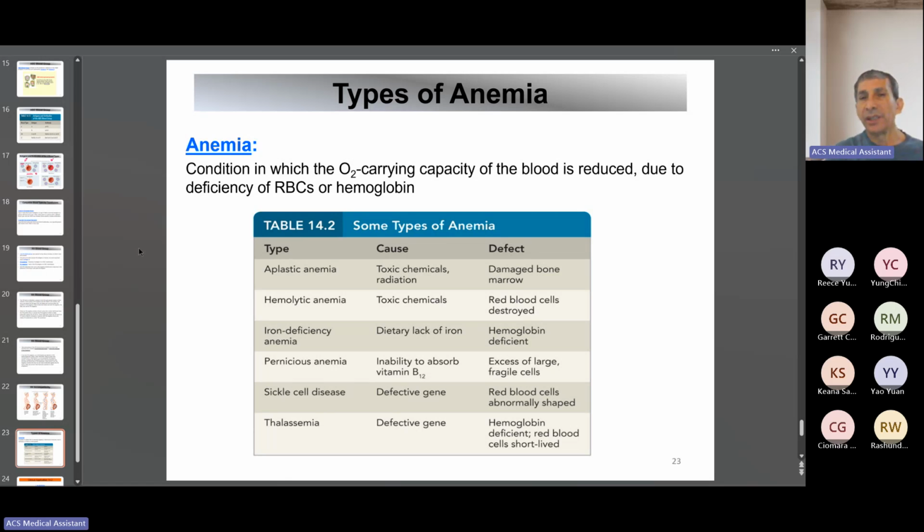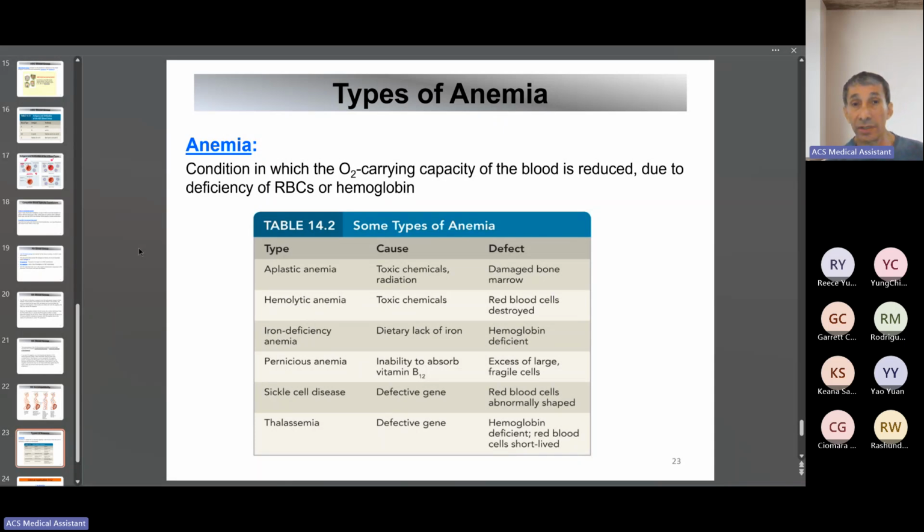So remember, anemia is when you have problems with oxygen capacity, meaning your red blood cells, which contain hemoglobin, we discussed this yesterday, you don't have enough red blood cells, or the red blood cells are enough, but they are immature, so they don't carry hemoglobin.